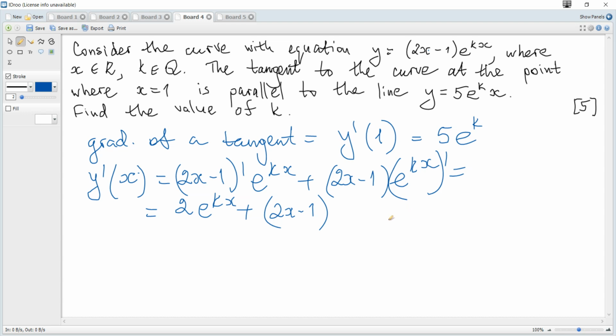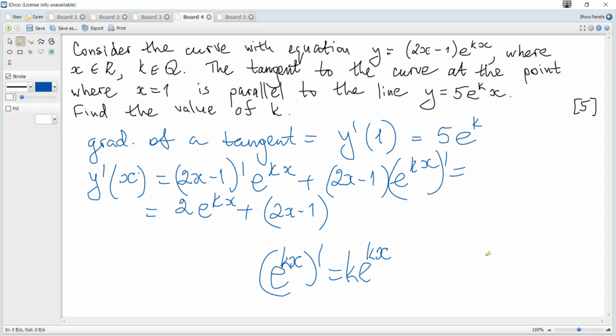We can see that the argument is kx, and we know that the derivative of e to the power of x is e to the power of x. It is given in the data booklet, but it has a more complicated argument, hence we should apply a chain rule. It says that we keep the same argument, but according to the chain rule it must be multiplied by the derivative of the argument, the derivative of kx, hence k arises.